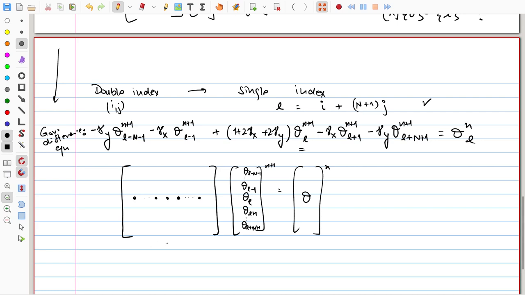So what we see is that you will have a diagonal, above diagonal and below diagonal, but then you have a gap. You have zeros and then you have another two bands. So a matrix like this is called a banded matrix.